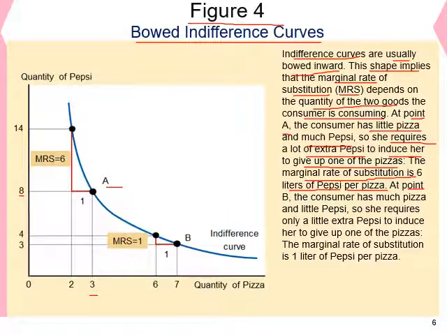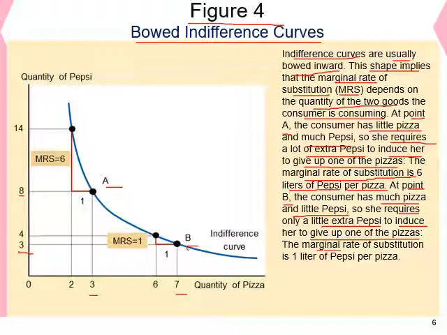At a point like B, the consumer has more pizza and little Pepsi. She has 7 pizzas and only 3 Pepsi. So she requires only a little extra Pepsi to induce her to give up one pizza.